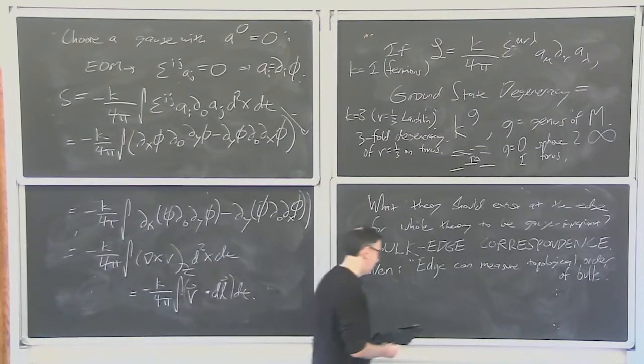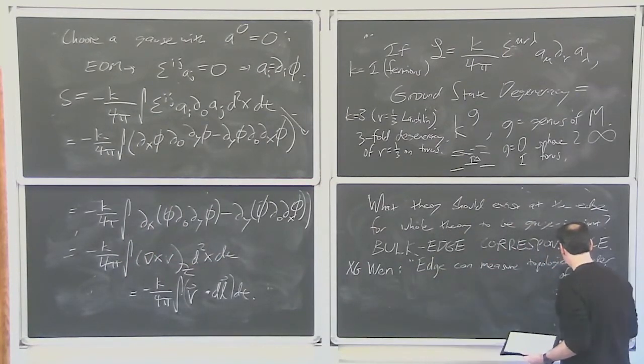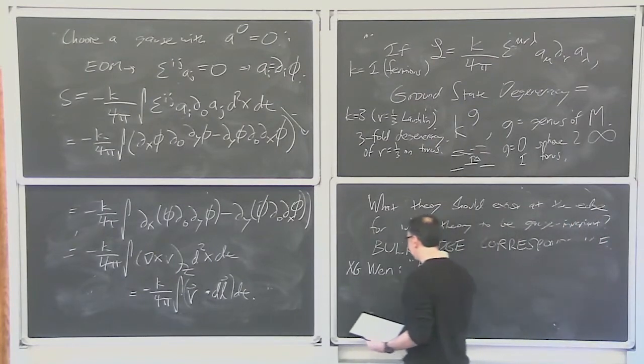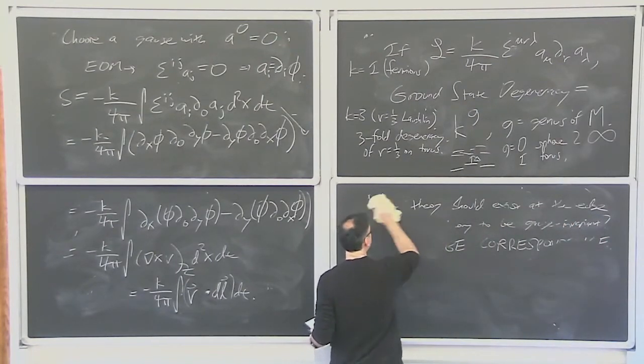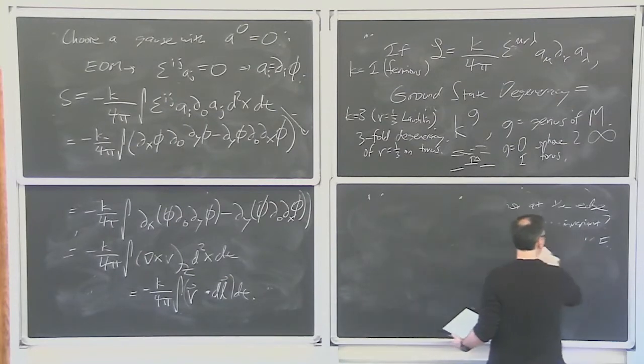So in other words, the bulk theory in this gauge is exactly, well, minus 1 times some theory that lives at the edge.